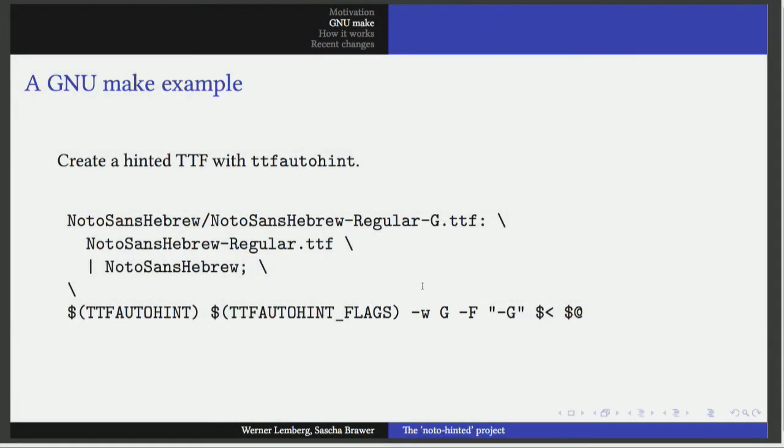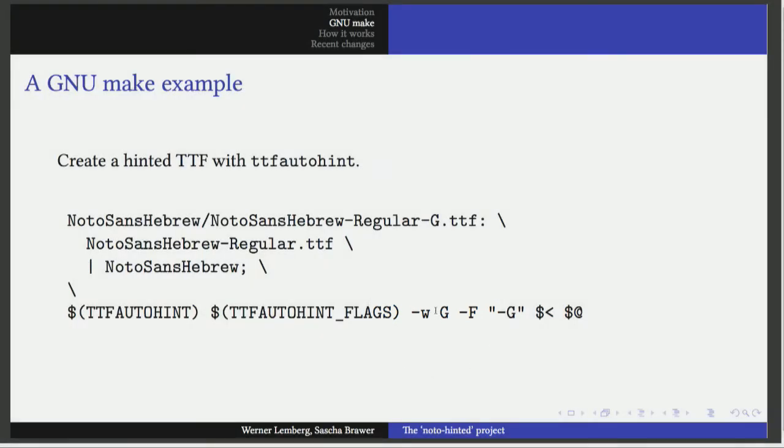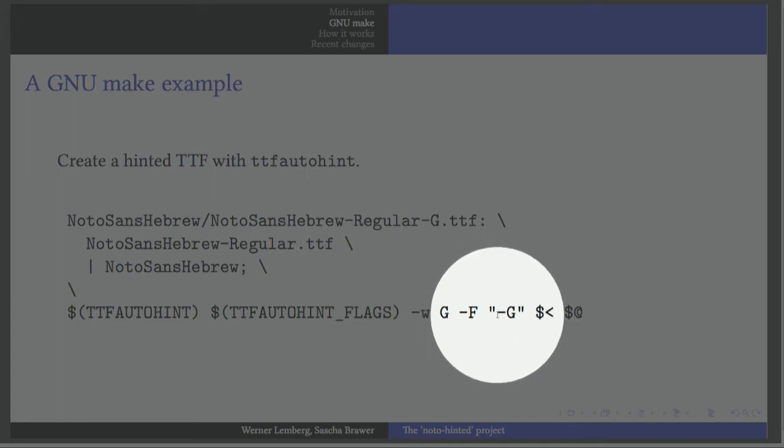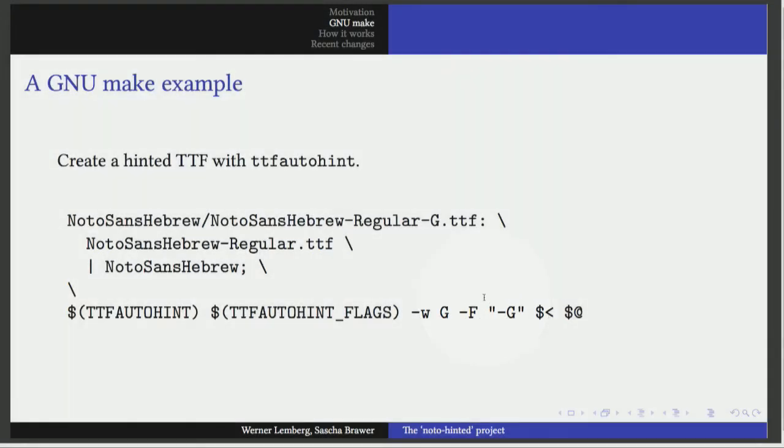And then, to construct the G variant, I pass the flag G to activate this strong hinting only for ClearType, old ClearType. And I also append another argument that gives this font a different name, namely appending -G to the font name, so that you can have two fonts in parallel, because sometimes the system gets confused about which font is which if you have two different fonts with the same font name.